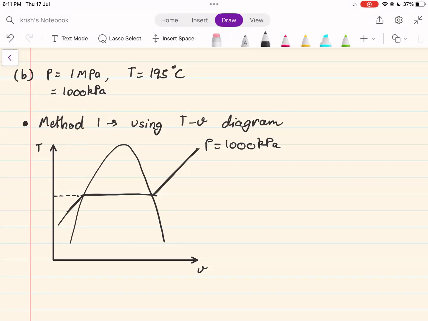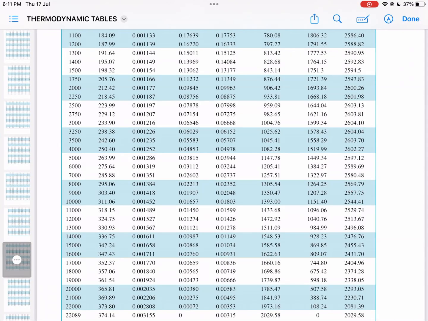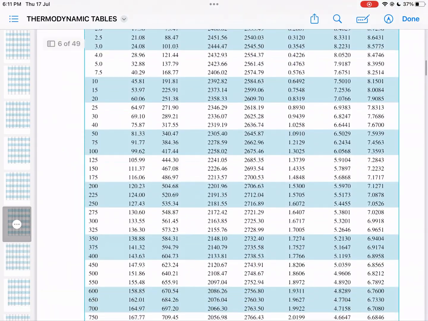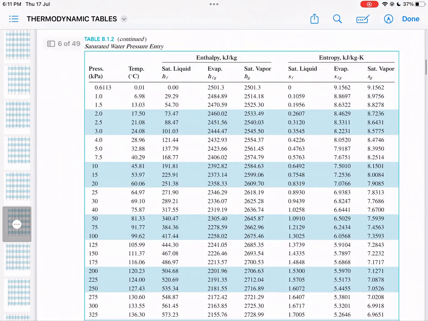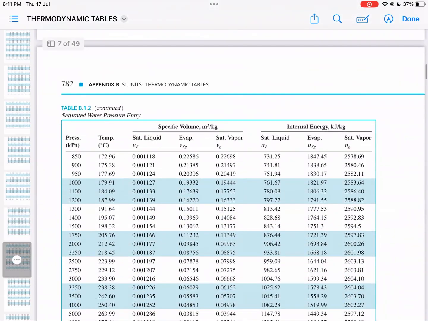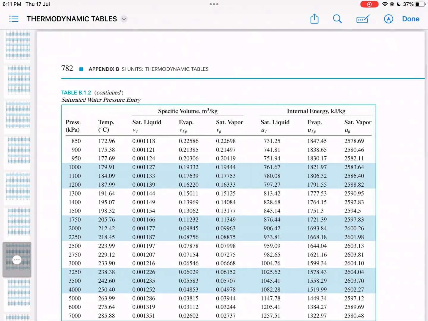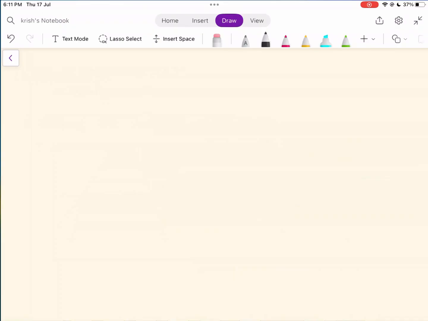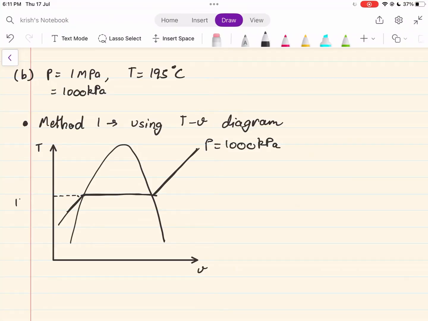And let us find out the saturation temperature at 1000 kilopascals. Again, referring to table B.1.2, the saturation temperature at 1000 kilopascals should come out to be 179.91 degrees Celsius.